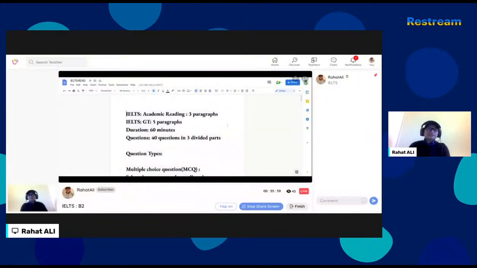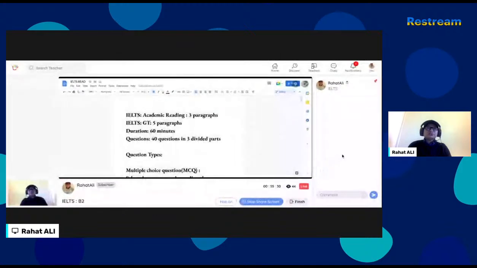So, IELTS reading. As you might be aware, there are two types of IELTS exam: IELTS academic and IELTS general test. They are both different in the reading and writing parts. And in fact, academic reading and academic writing are really harder and more difficult.